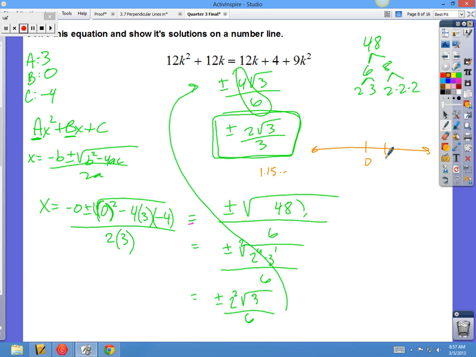So 1.15, here's 1, here's 2. This is somewhere right in between 1 and 2. And the negative is going to be a negative 1.15, so it's going to be right in here. So your answers on a number line are going to be the positive root right there, the negative root right there.